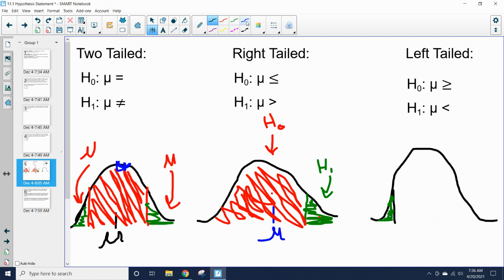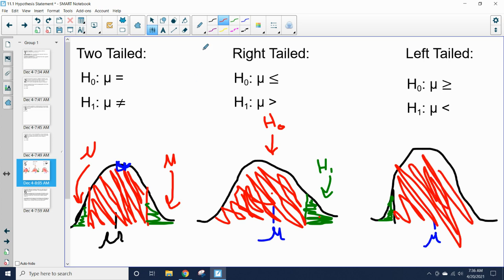So if we get data that suggests that our mean is lower than our average, it's a left-tailed test because our values are going to be less than the average. And same idea: once again, our alternative hypothesis is going to be in that green area, H sub 1, and our null hypothesis is in that red area, anything greater than or equal to my average.